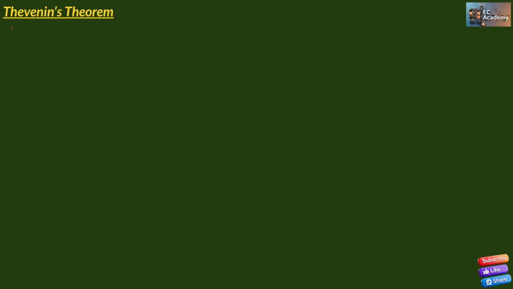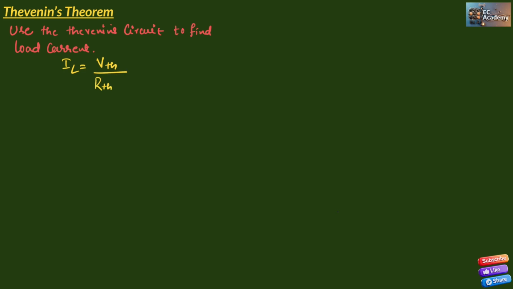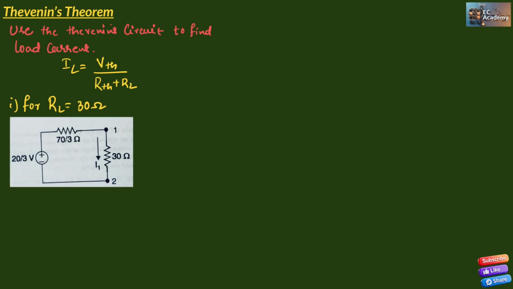Now let us use the Thevenin circuit to find the load current. The general formula for load current is IL equal to VTH divided by RTH plus RL, where RL is the load resistance. Now for RL equal to 30 ohm, we can find the load current I1 through this circuit.